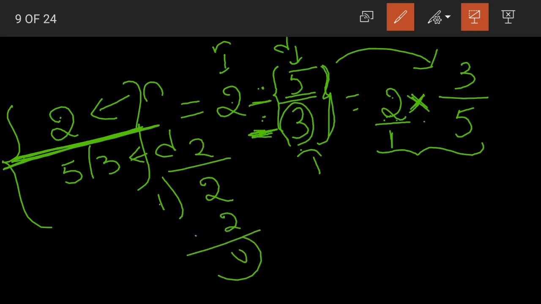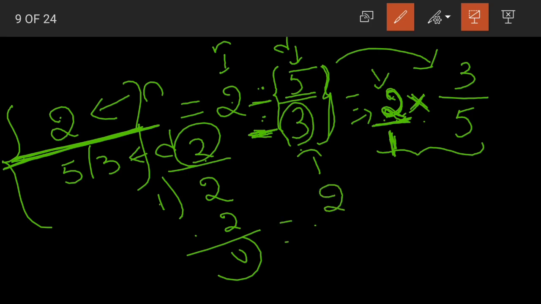Yes, the quotient will again be equal to 2 only. So any number divided by 1 will give us the number itself. So the denominator of every whole number is 1.